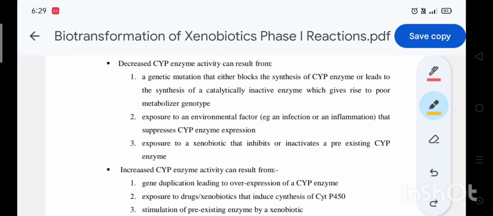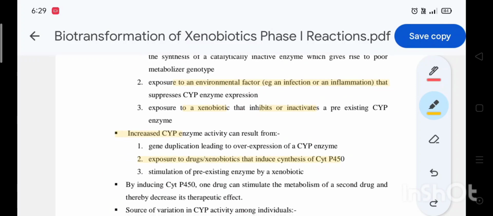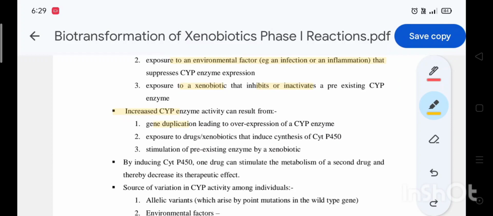There can be decreased cytochrome P450 enzyme activity, or it can be increased. It is decreased by genetic mutation, exposure to environmental factors such as infection or inflammation, or exposure to xenobiotics that can inhibit or inactivate pre-existing cytochrome P450 enzymes. Increased activity can result from gene duplication, exposure to drugs or xenobiotics that induce synthesis of cytochrome P450, or stimulation of pre-existing enzyme by xenobiotics.